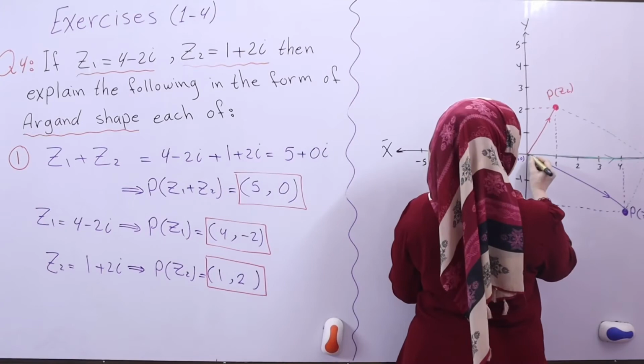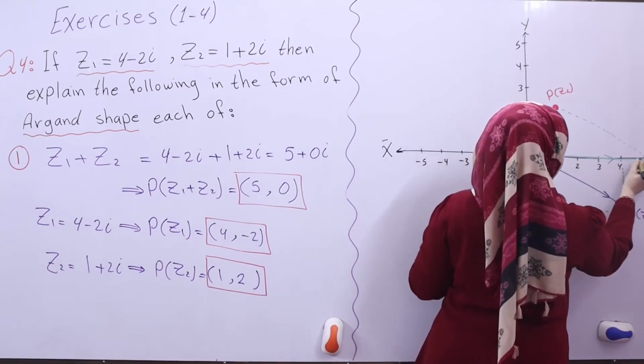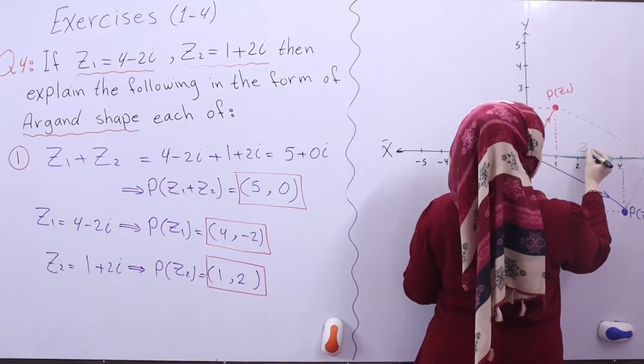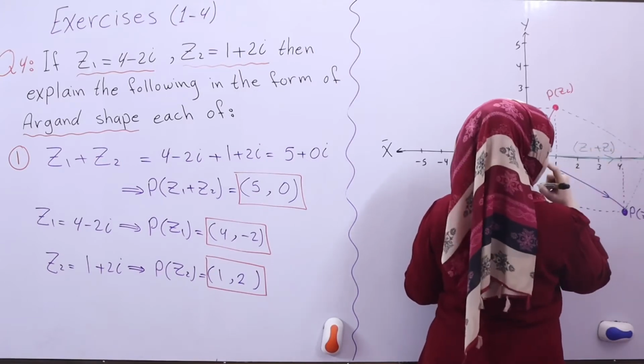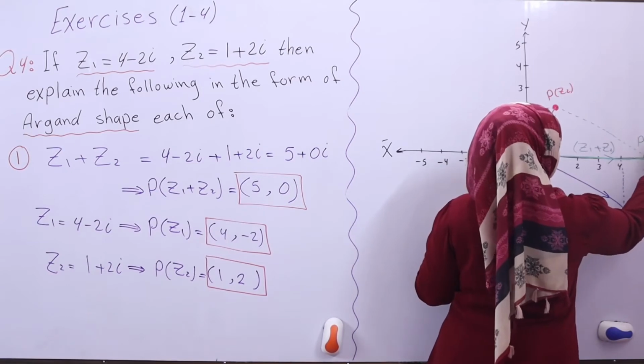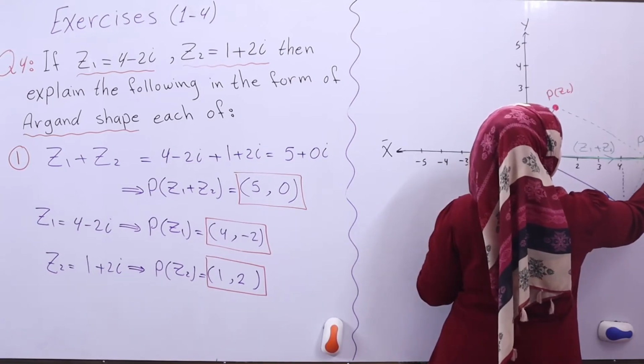So this represents the argand shape for the adding of the two complex numbers Z1 زائد Z2. And this point represents Z1 plus Z2.